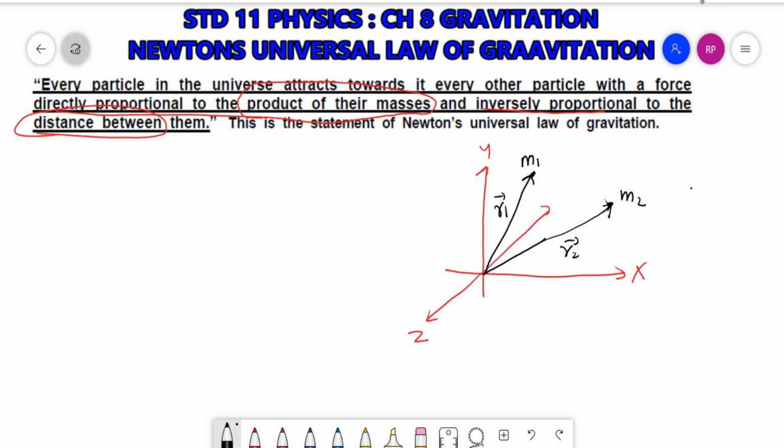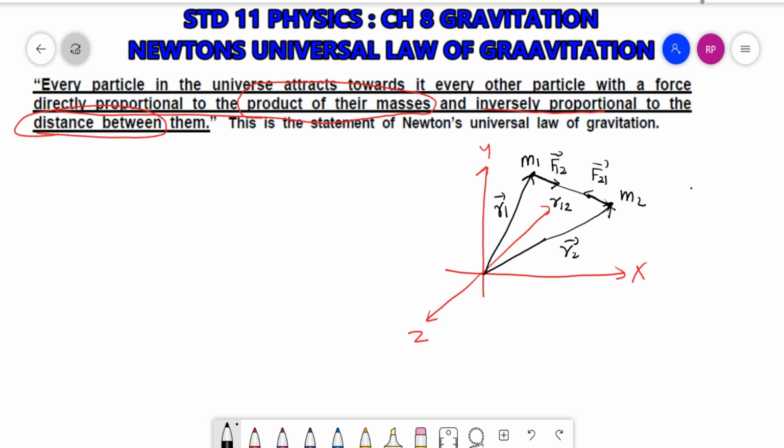What does the statement say? Attract towards every other particle. So the force acting on m1 will be in this direction, force on 1 due to 2, and the force acting on m2 will be in this direction, force on 2 due to 1. Clear? Let this distance be r12.